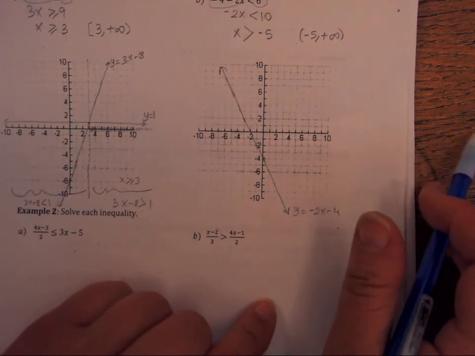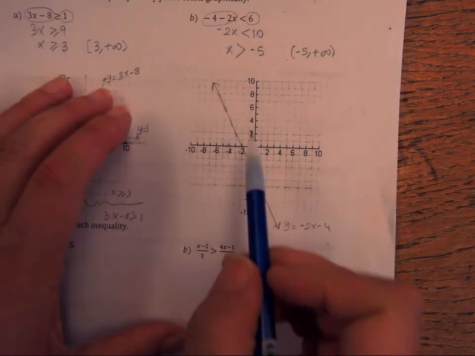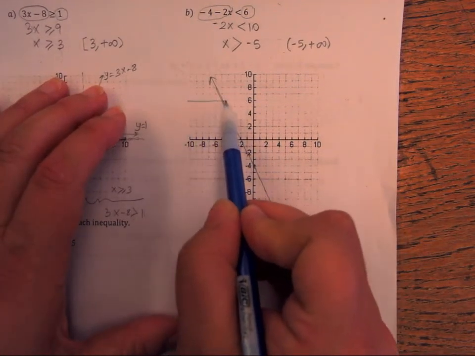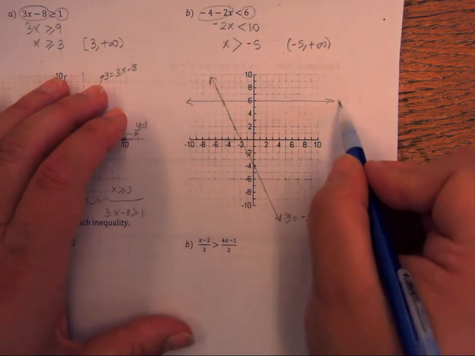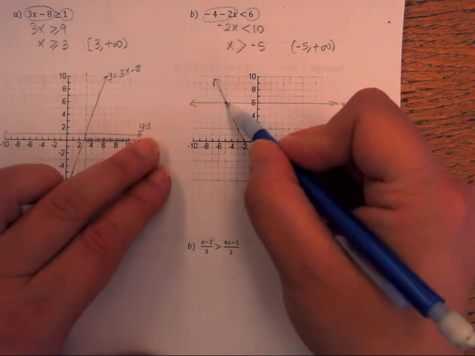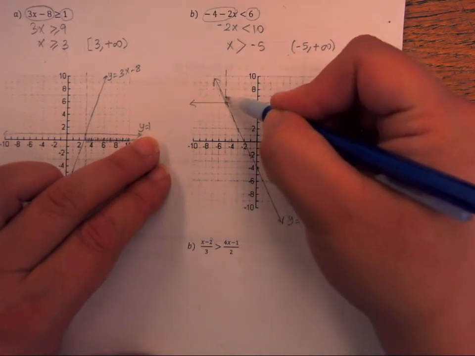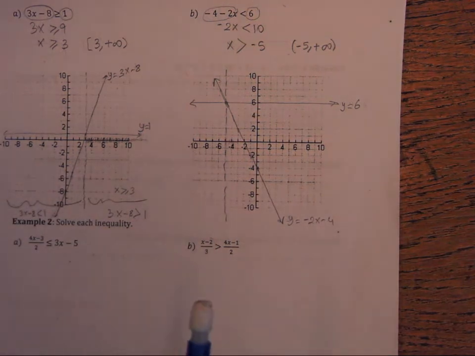Now sketch y equals 6. After that, we are going to apply the same rule. Find the intersection point and draw a vertical line through it; this is going to help you decide.